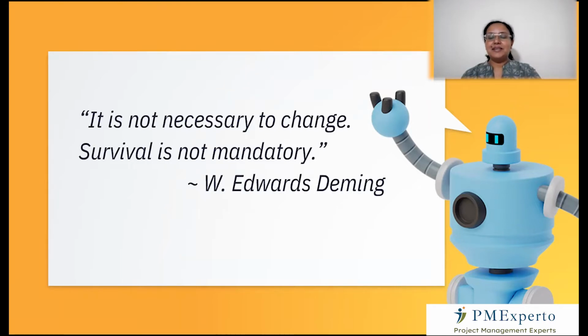In fact, the term continuous improvement was coined by Edward Deming, and of course the term that we now use is continual improvement. These two tools, Pareto and cause and effect diagram, are key tools used in process improvement.